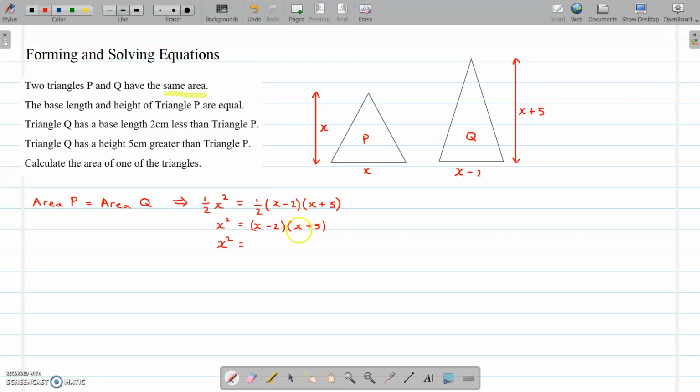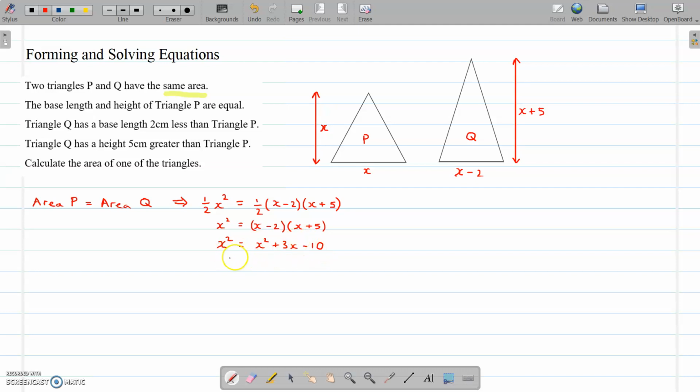So x times x gives me x squared. Then I've got plus 5x and minus 2x, which is plus 3x. And then I've got minus 2 times 5, which is minus 10. Now you'll notice both sides of the equation have an x squared.